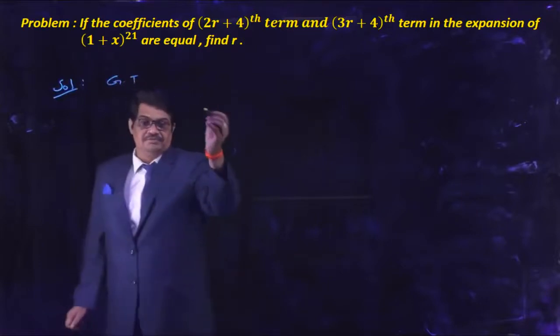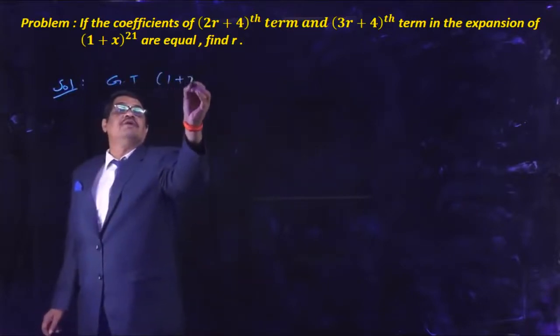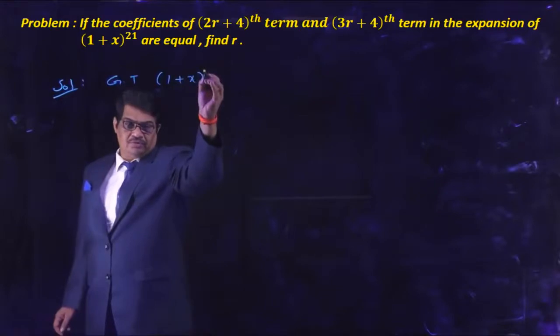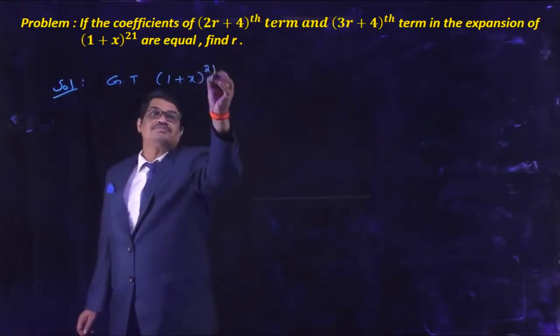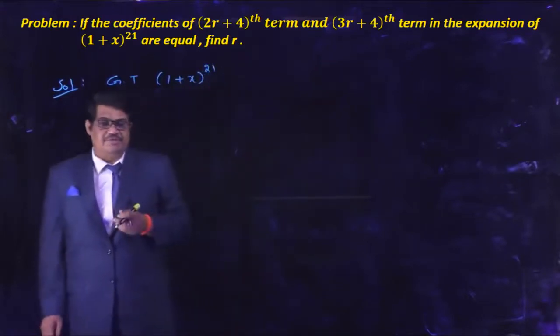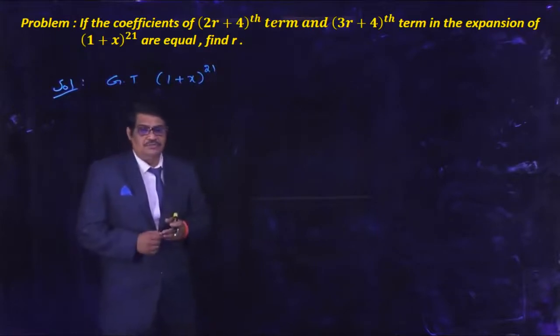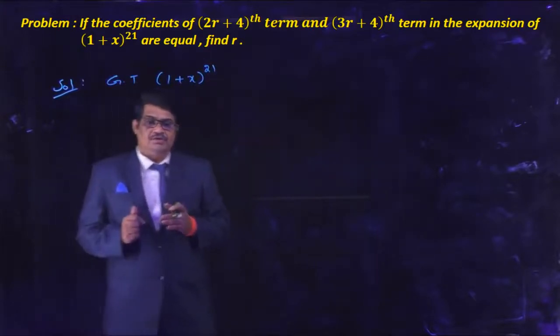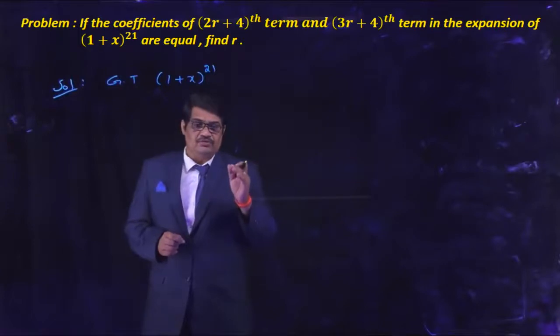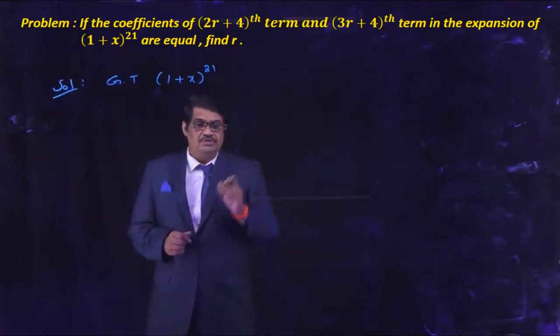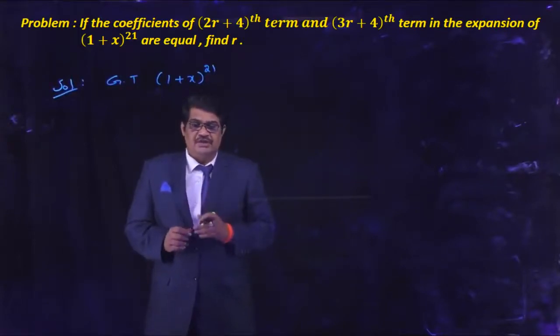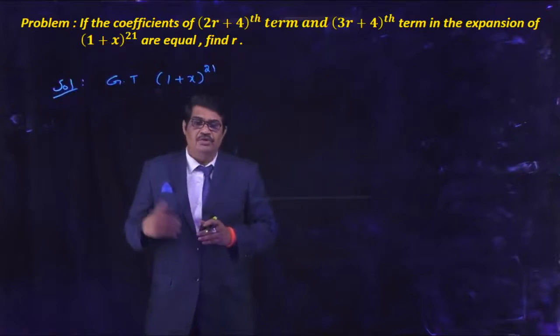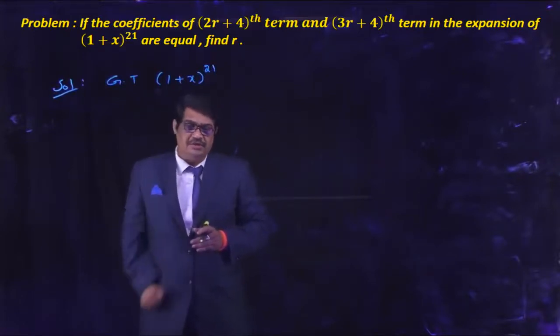Given that (1 plus x) to the power of 21. This is the given expression. We are given that the coefficients of the 2r plus 4th term and the 3r plus 4th term in this expansion are equal.